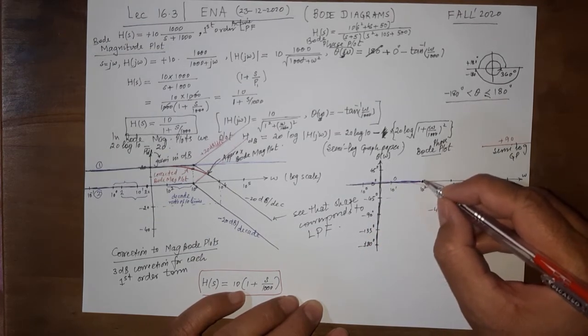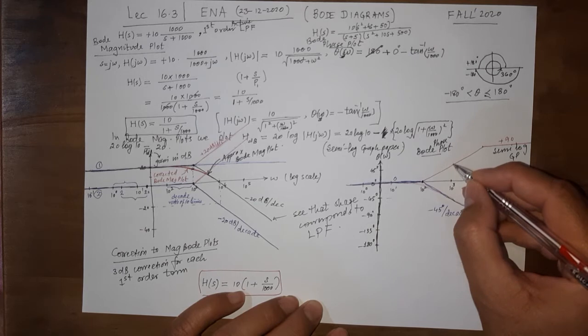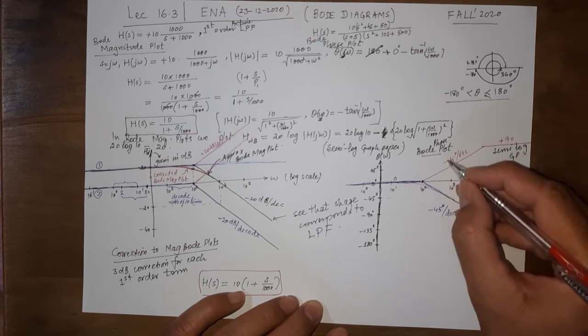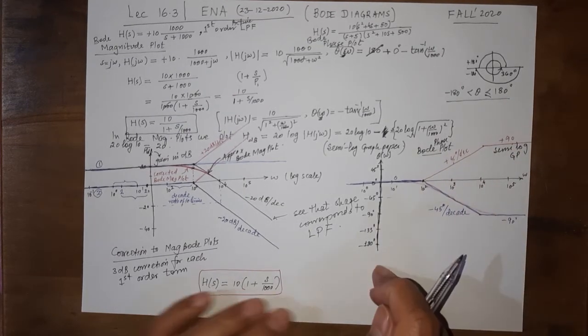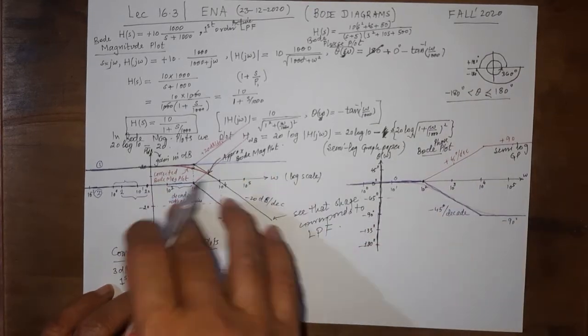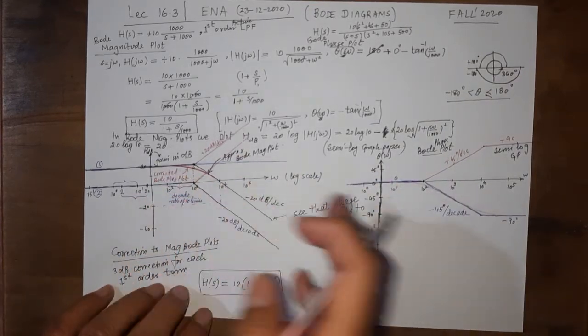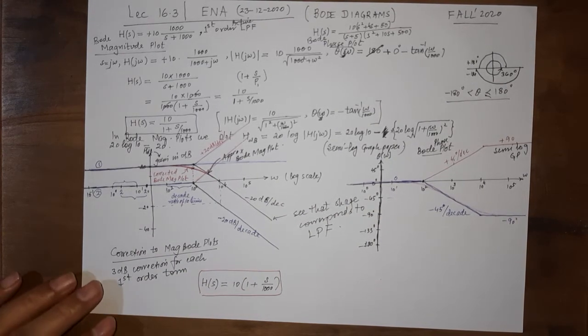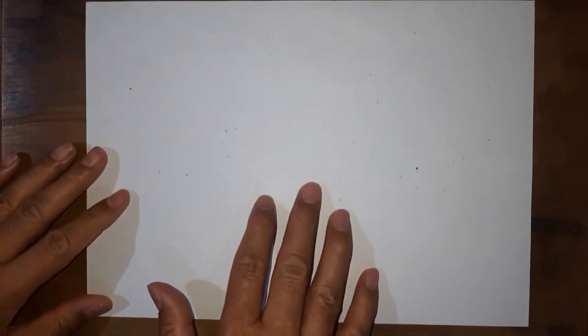Between these it will be a straight line, and at the critical frequency it will be 45 degrees. So the slope is 45 degrees per decade. If the term is in the numerator, it will go up. If the term is in the denominator, in both magnitude and phase plots, we go down. So this is a Bode magnitude plot and phase plot for a low pass filter.